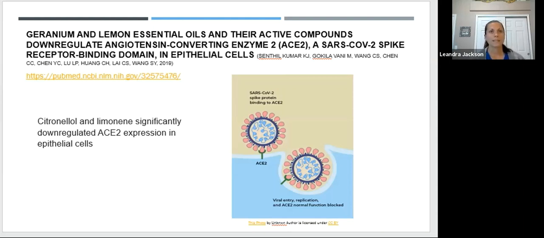So what that means is that all of our cells, like I said, have kind of a lock and key, so to speak. If you see in this picture, the SARS spike protein binds to an ACE2 receptor. So the ACE2 is the receptor, sorry.